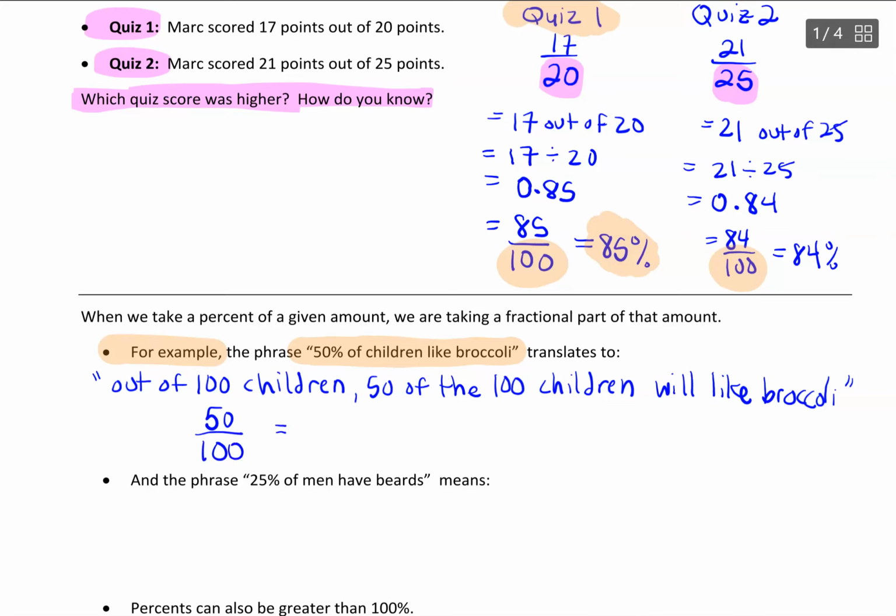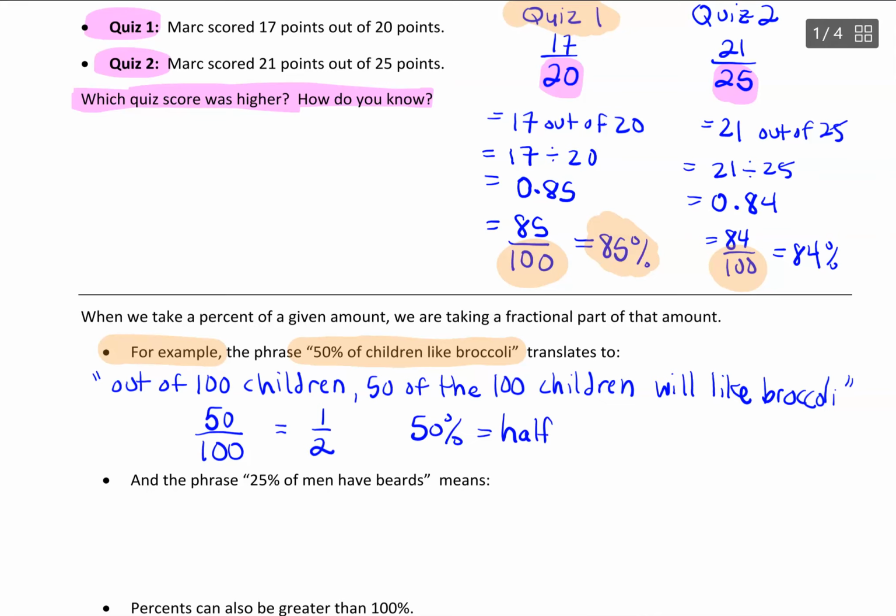Well, that fraction reduces, right? What's 50 out of 100? It's just 1 out of 2. That's half. That means for any group I get, any size group, it could be 20 children, 100 children, 500 children, if 50% of them like broccoli, then half of those children are going to like broccoli. So 50% is another way of saying half.